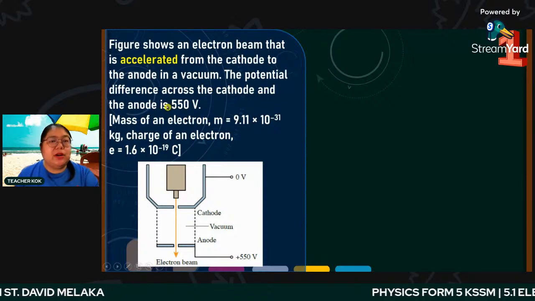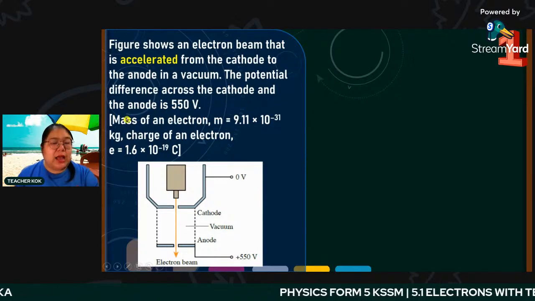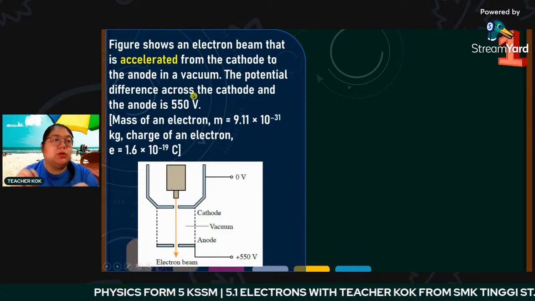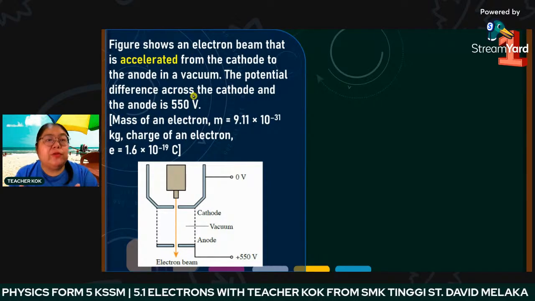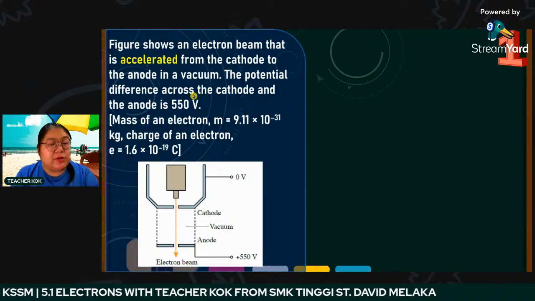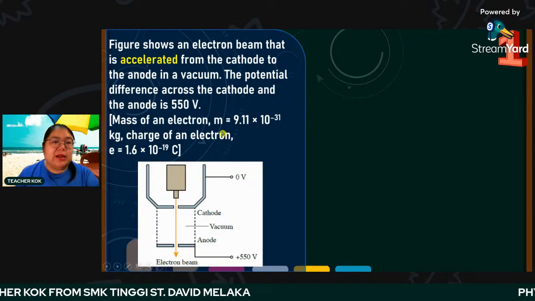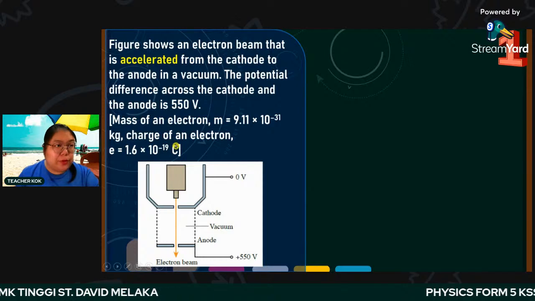The potential difference across the cathode and the anode is 550 volts. So understood, 550 volts is the potential difference. The mass of the electron and the charge of the electron are provided.